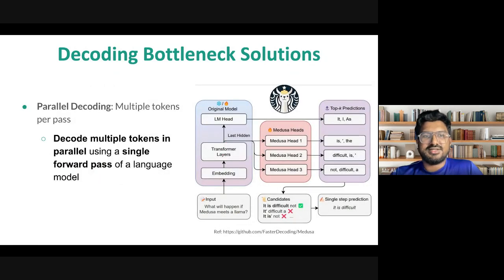Next is parallel decoding, where multiple sequences are generated at a time. This is Medusa heads, as shown in the example, where we pass through multiple heads which are being trained, along with the LLM head. So sequence 1, sequence 2, sequence 3 will be generated with multiple K tokens.